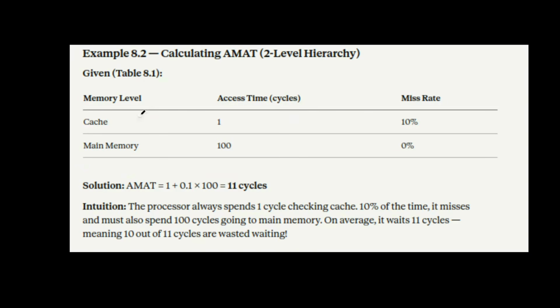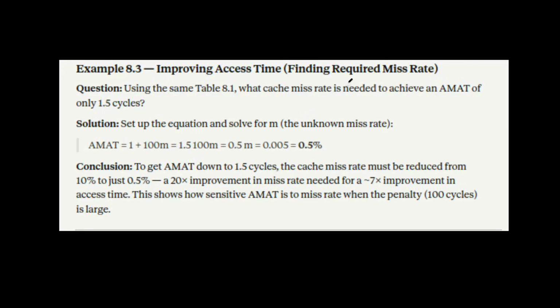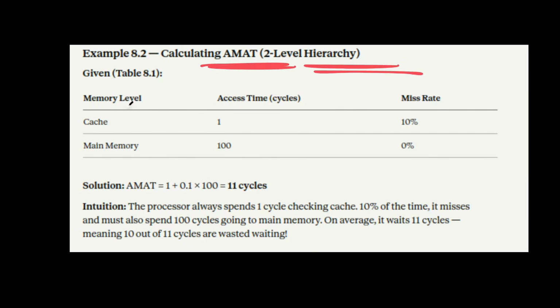So here we are asked to calculate AMAT using the 2-level hierarchy. That is the question. We are given the 2-level cache and main memory, the access time of cache and miss rate of cache, and the main memory's access time, and the miss rate is 0 because we are using a 2-level hierarchy.